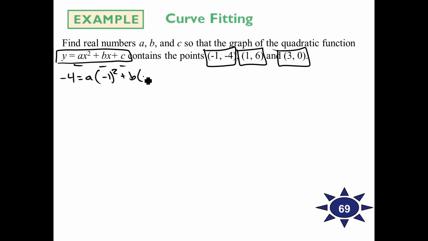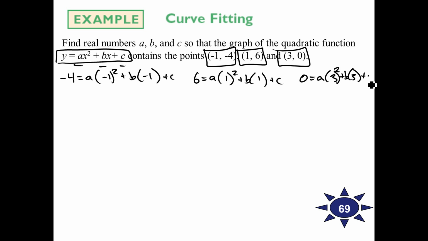Plus b times negative 1, plus c. Point 2, the y value is 6, and so then we have 6 equals a times 1 squared plus b times 1 plus c. And the last equation here, we've got 0 equals a times 3 squared plus b times 3 plus c.